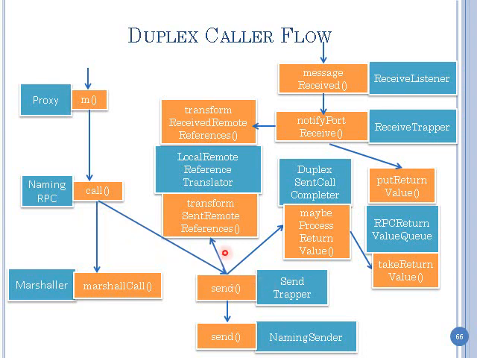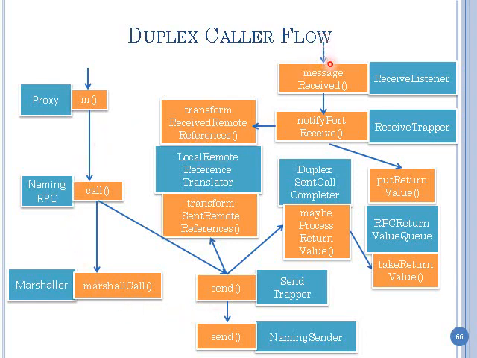The send trapper goes to the translator, gets back what it needs to really send, and makes a call into maybe process return value, which makes a call to take return value. You've seen many of these parts before, and you've in fact seen the other part too. I'm just telling you all the objects that are involved. So that's my caller flow.